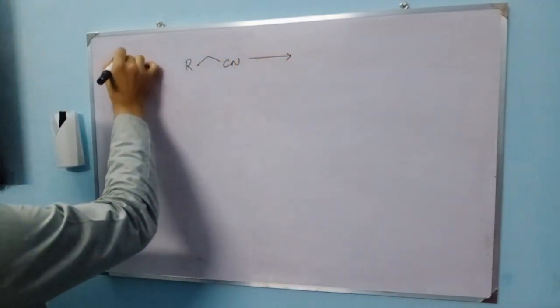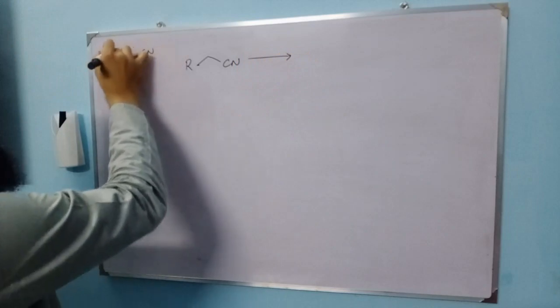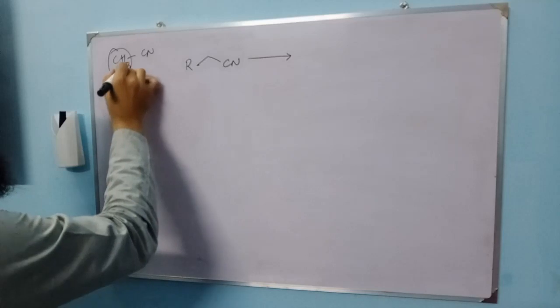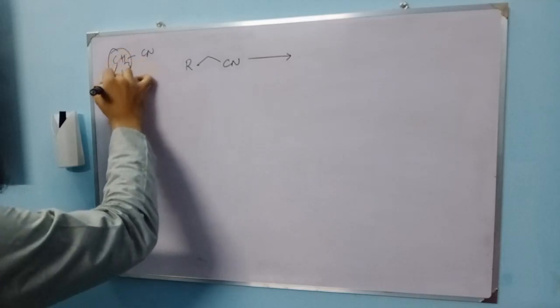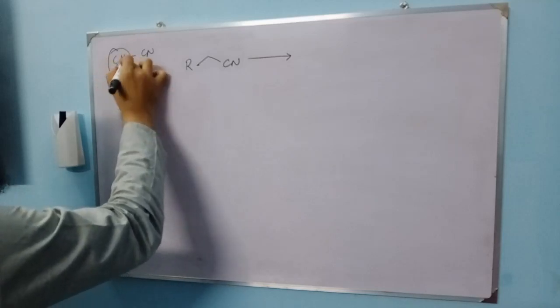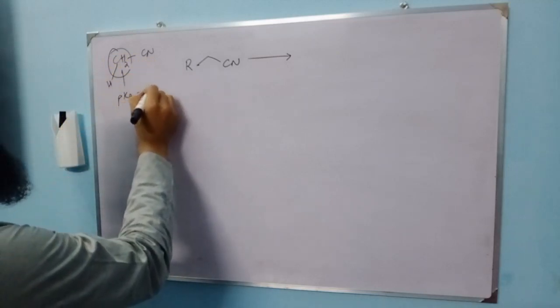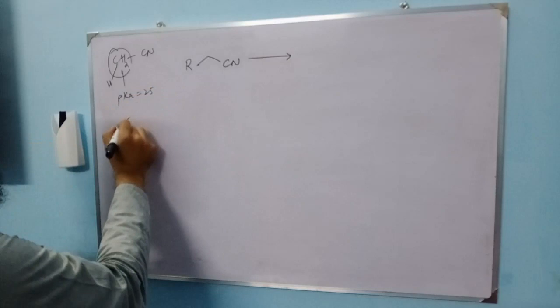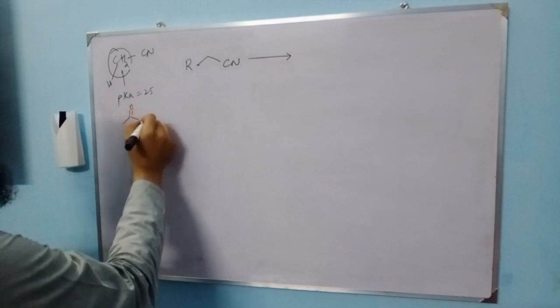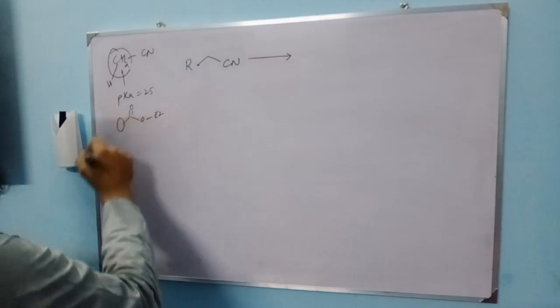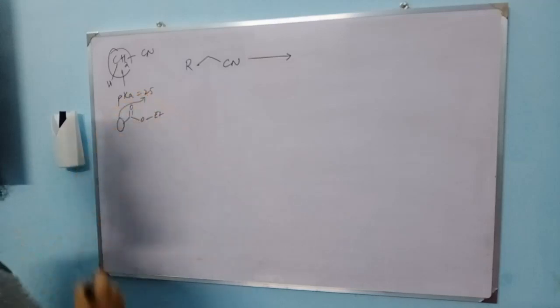In the case of acetonitrile, the pKa of this hydrogen, for example this one, is 25, and we know that in the case of, for example, ethyl acetate, the pKa of these hydrogens is also 25.